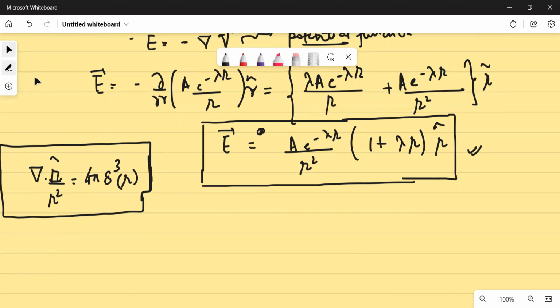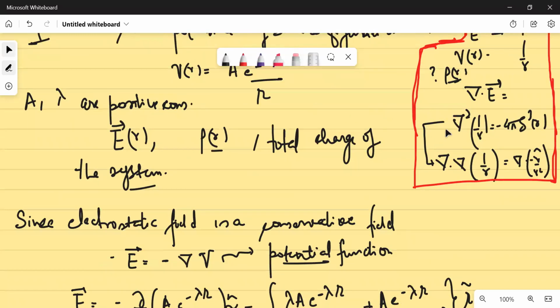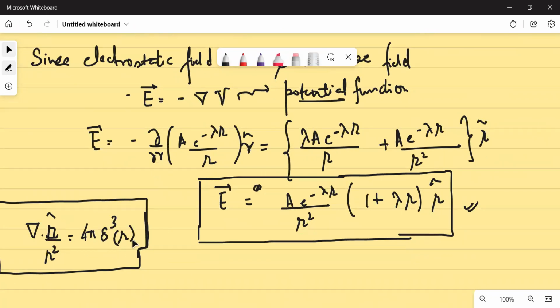Otherwise, there are people who are quite aware of this del square thing also. I'll do a question according to this also, but I feel a certain amount of fear while handling this kind of object. So therefore, I'm not touching upon that. I'll see if I can do it for certain problems, but overall, understand my point that del dot R cap on R square is 4 pi Dirac delta cube of R.